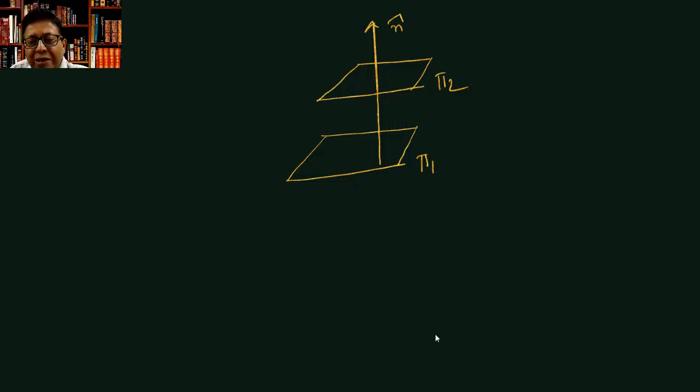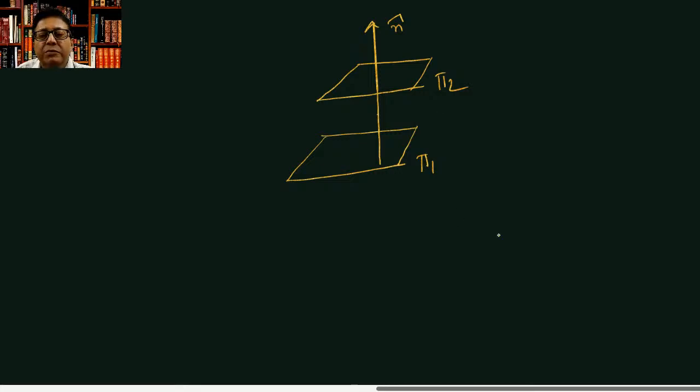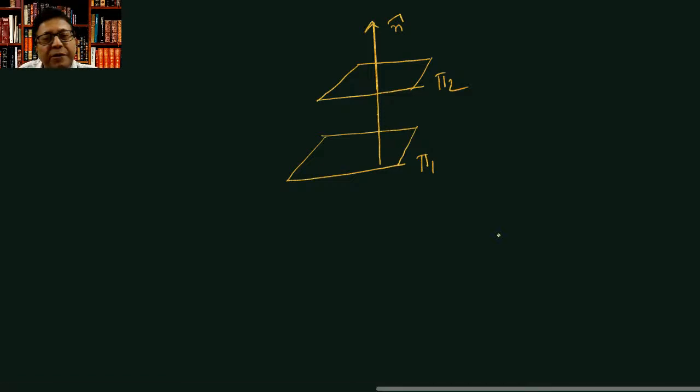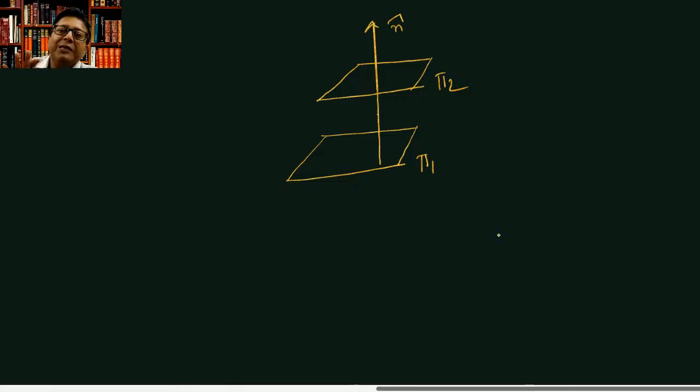So these are 2 parallel planes. They have a normal common to them. The normal to the first plane pi 1 is normal to the second plane pi 2. So this way you will get an idea of a plane. And you can see that a plane contains infinitely many lines.